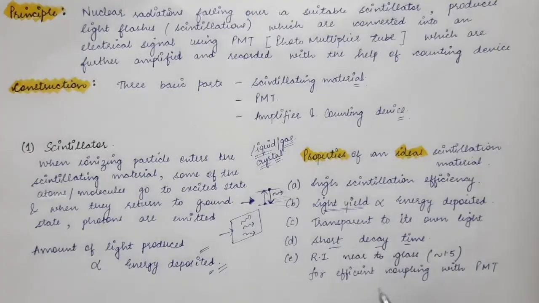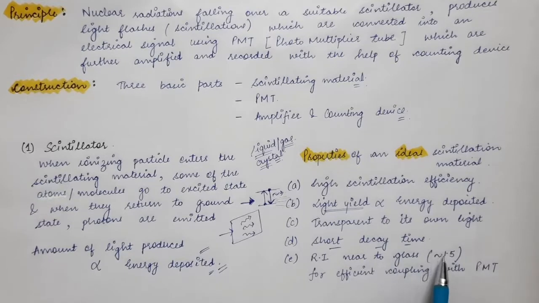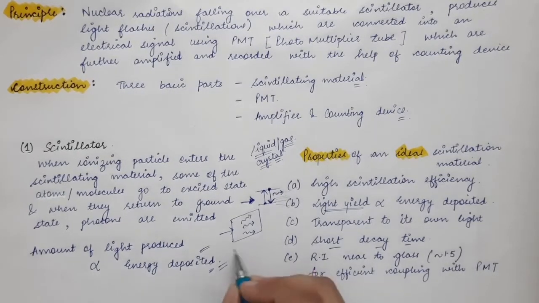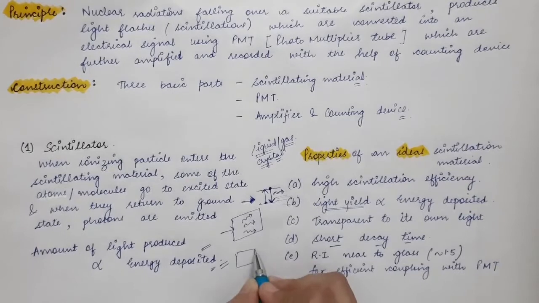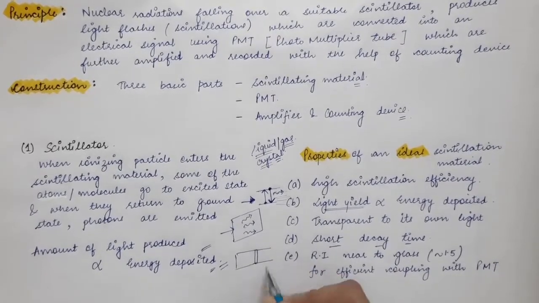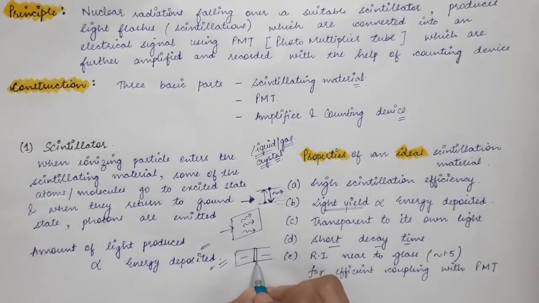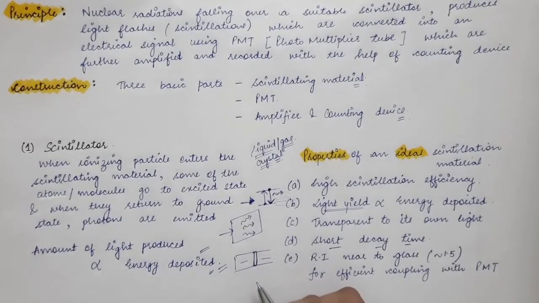Now the fifth property of the scintillation material is that its refractive index must be near to that of glass, that is, around 1.5, for efficient coupling with the PMT. So here is a scintillator, here is a PMT, and in between there is a layer of glass.